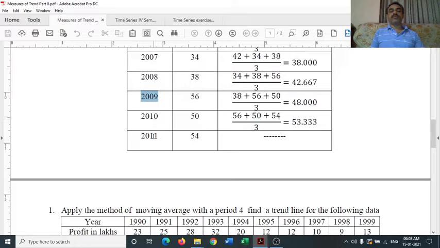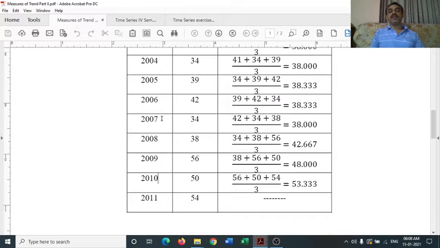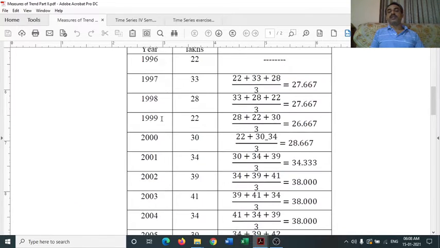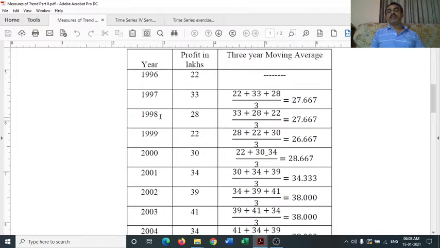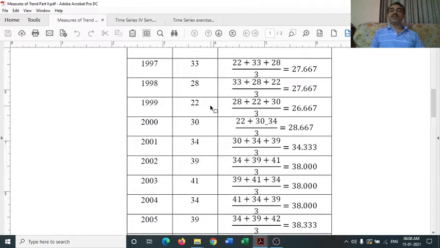Therefore, there won't be a moving average corresponding to 2010 and 2011. This is the way we calculate the trend values using the method of moving average. After getting these moving trend values, you can also plot them in an XY plane. There you have to take 97, 98, etc.